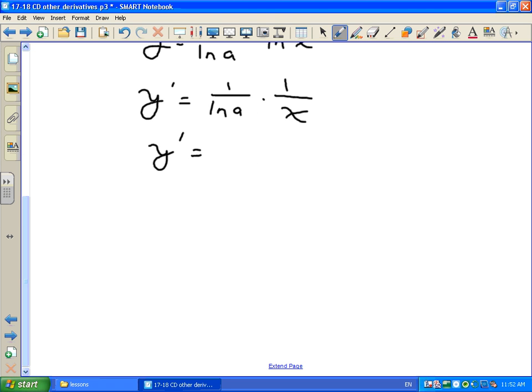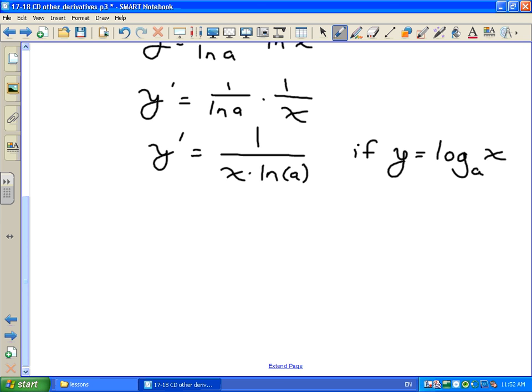Just combine them together here, and we can say the derivative is 1 over x times the ln of a. So there's our derivative if y equals log to the base a of x, and there is our derivative rule.